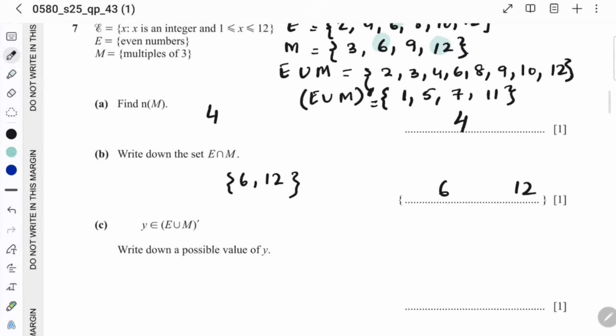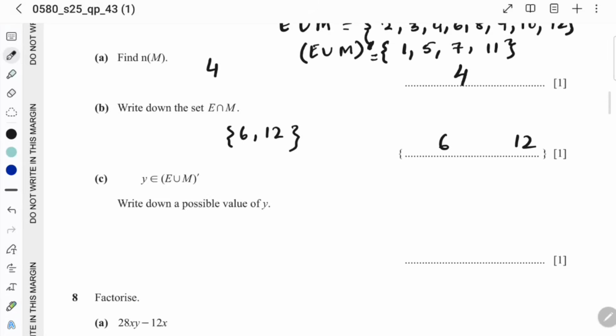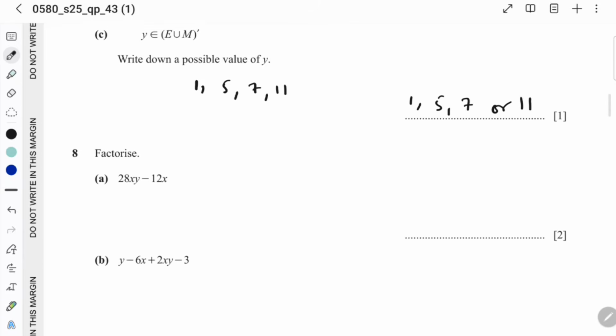So these 4 numbers are not in E or M. So Y is a member of the set E union M whole complement. You can write any member like 1, 5, 7 or 11. You just write down one number. I'm just writing down what the possibilities are.